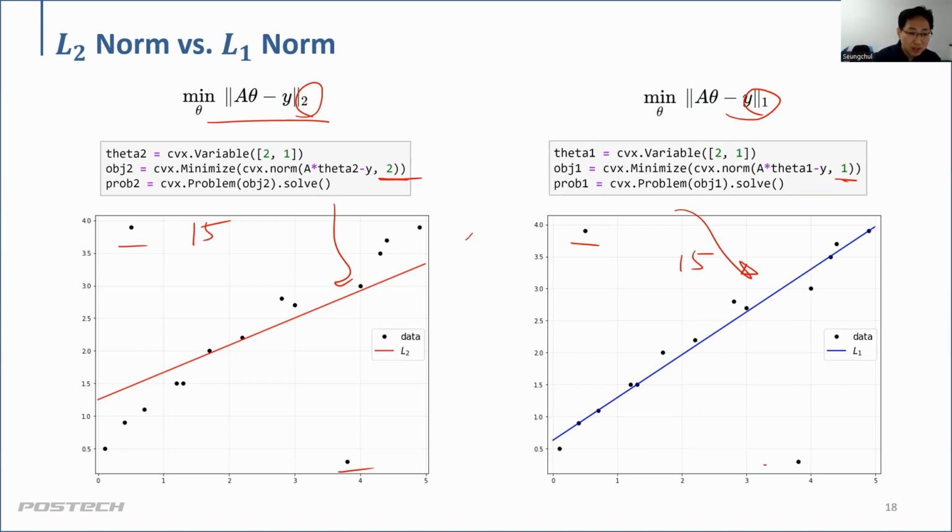In 2 norms, we got this. In 1 norms, something weird. Can you guys tell me why we got different regression outcomes?